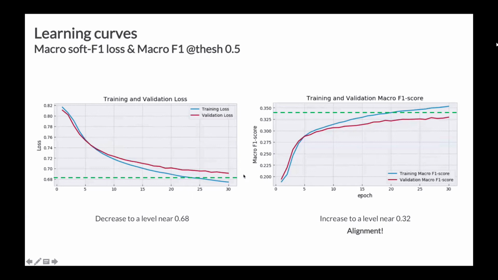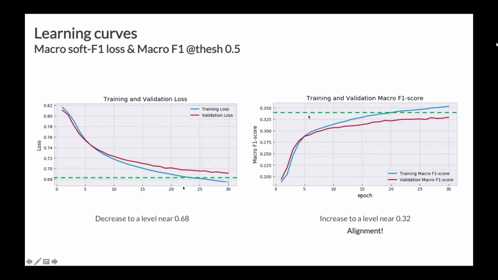When experimenting with the movie genre predictor, I used a batch size of 256, and I obtained the following learning curves. You may notice that a decrease in the macro F1 loss to a level near 0.68 is associated with an increase in the macro F1 score to a level near 0.32.